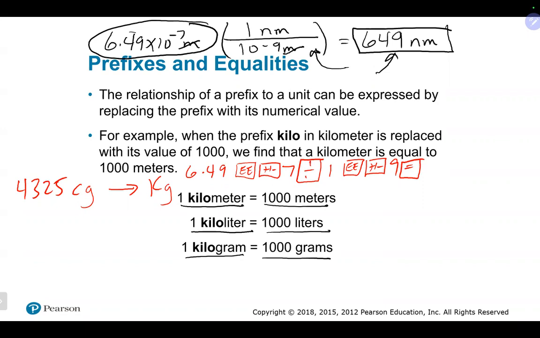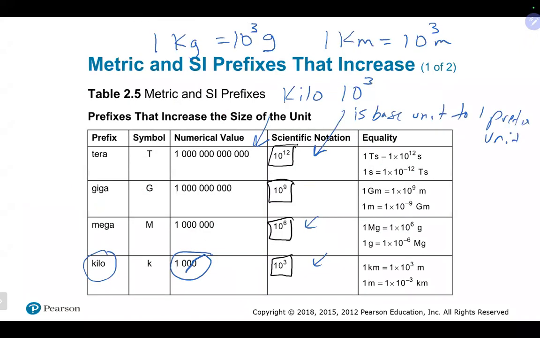What you really want to do, in a lot of cases, is take it from the first prefix unit to the base unit, and then go from the base unit to the next prefix unit. The reason is you would probably have access to a table like this that would allow you to easily find those conversions.